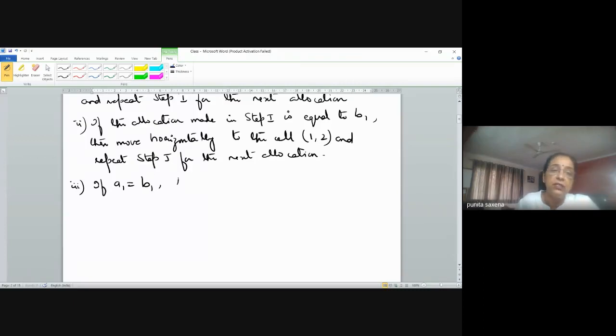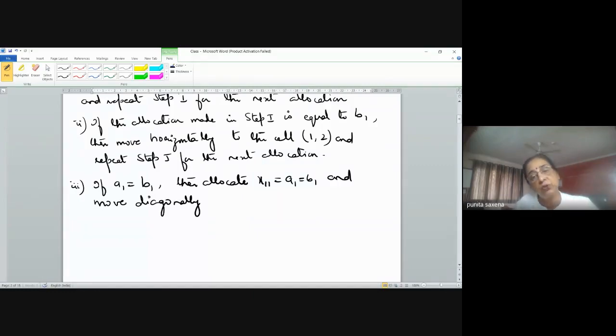So if A1 is equal to B1, then we allocate X11 equal to A1, which is equal to B1, and move diagonally. Because now not just the first source and first destination have been exhausted, we have to move to the next source and the next destination.